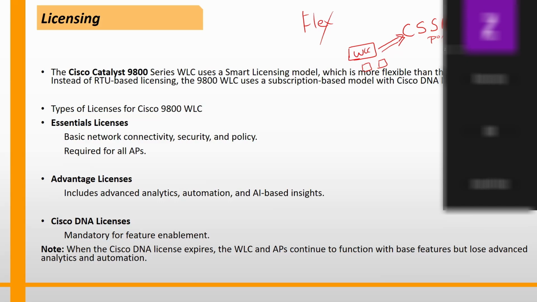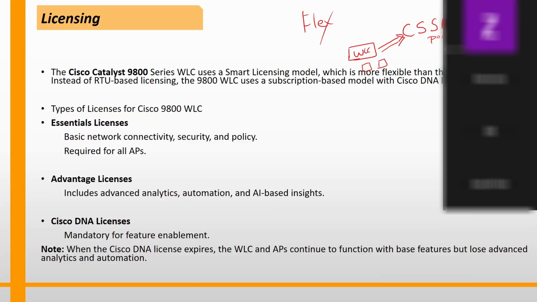Now you might have a question: is the WLC directly communicating with the internet? Because the CSSM, the Cisco Smart Software Manager, the licensing portal, is on the cloud, on the internet.